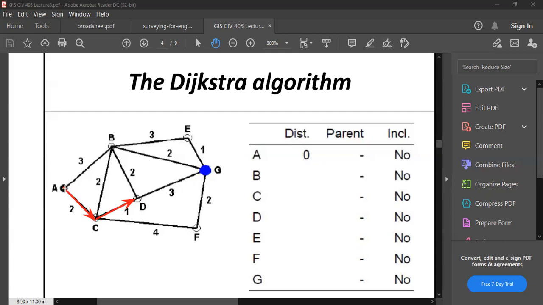But then let's not forget that with A to B, we can also start comparing the distances accumulated from A to B to the other points. Then you realize that we can't continue from A, C, D going to G, because of A to B to G. So this is how Dijkstra designed his algorithm to move from node to node, accumulating costs.